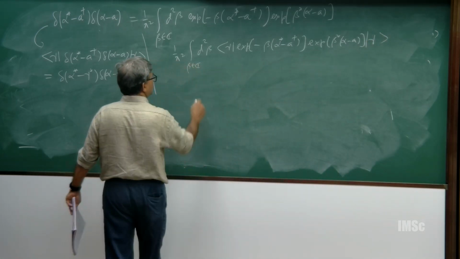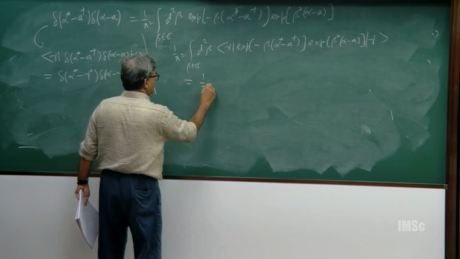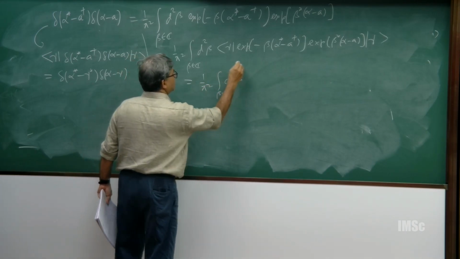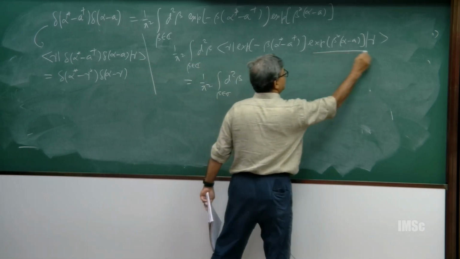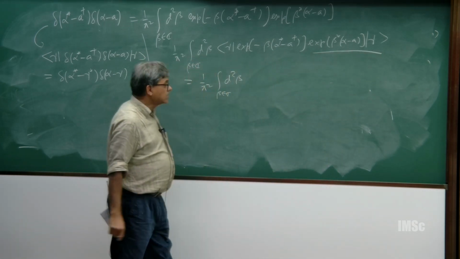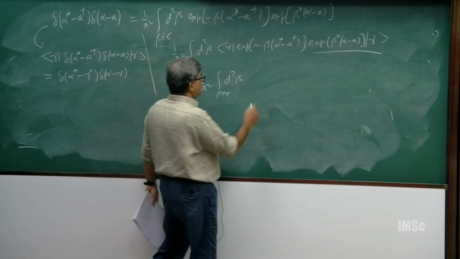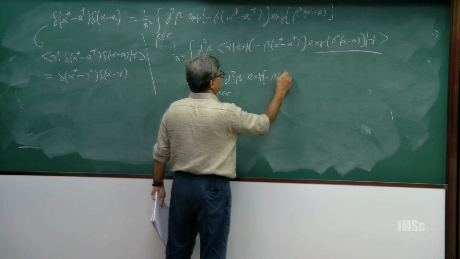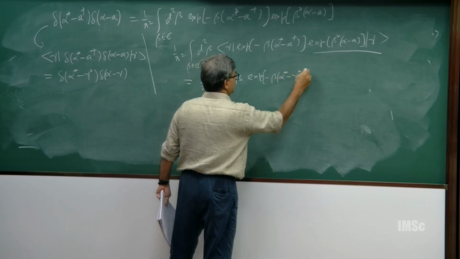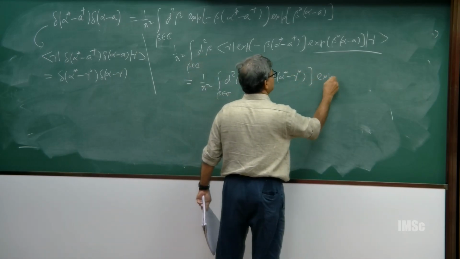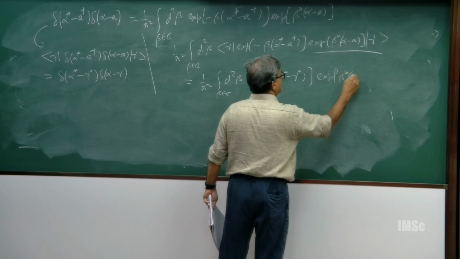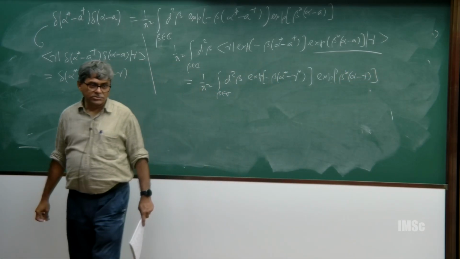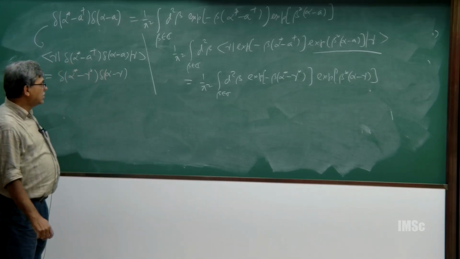Okay. So, what will I get? This part will be exponential of minus beta times alpha star minus gamma star, and this will be exponential of beta star times alpha minus gamma. Do you agree with me? Okay, right.